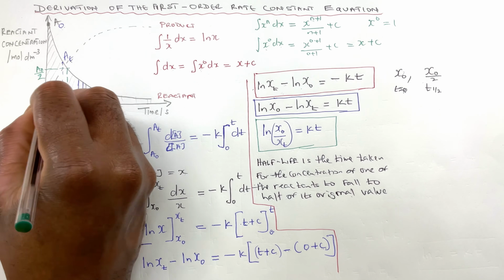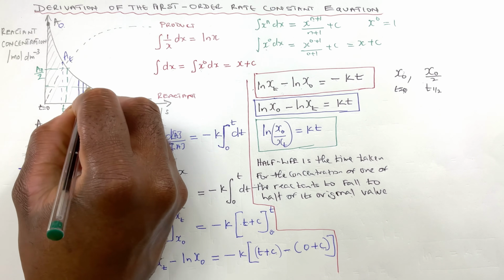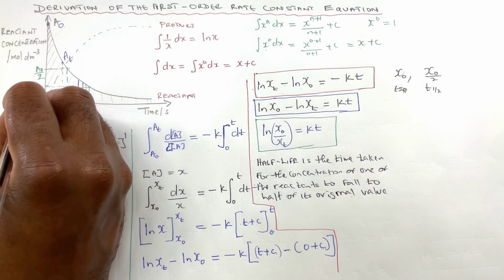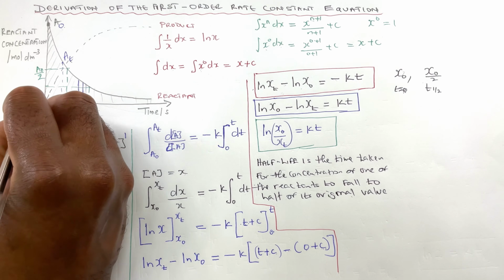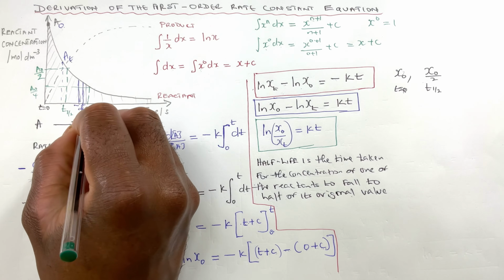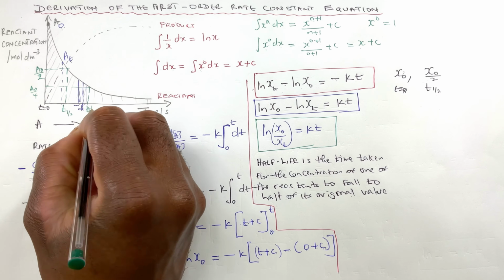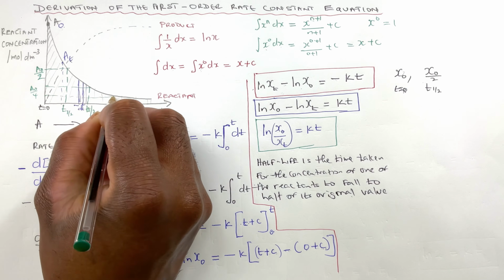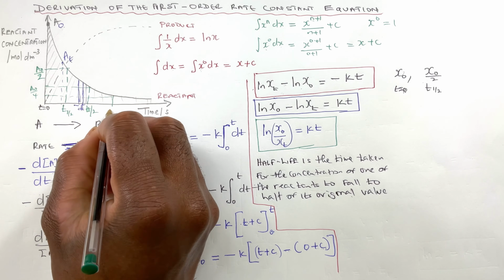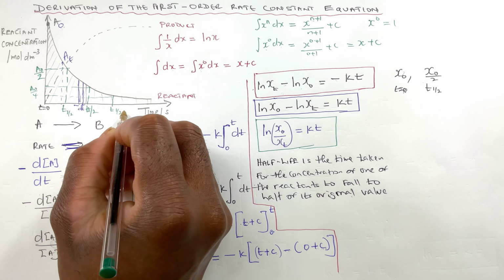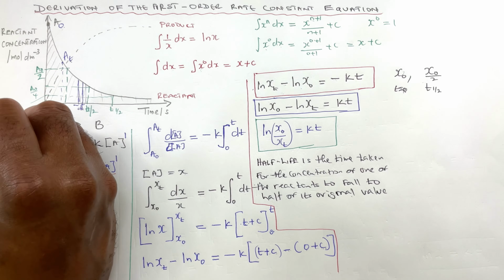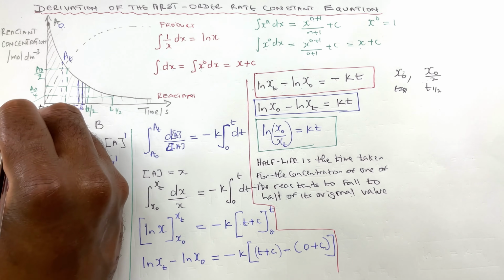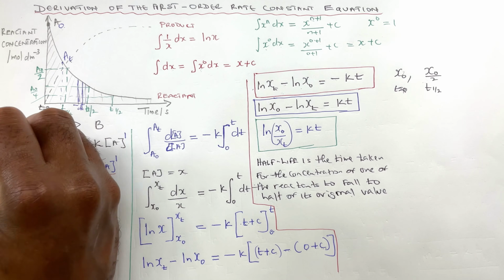What about half of that one? So that will go like that. That will be A naught over 4. So that will be T half again. What about half-life of that? That will be T half again, and that will be A naught over 8.